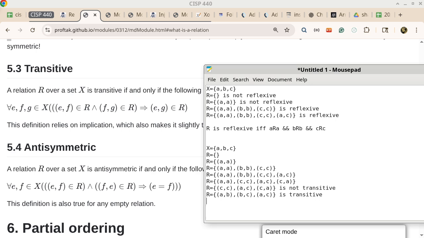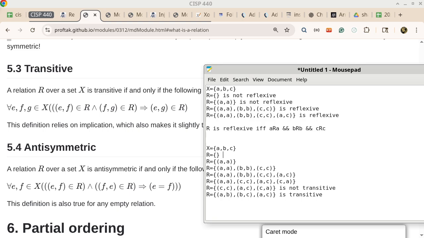All right. So anti-symmetric also has an implication in it. See, this is our implication. Now we're going to take a look at the ones that we have seen already and ask, is that anti-symmetric? In other words, when R is an empty set, is it anti-symmetric? It is automatically anti-symmetric because of the trick that we already used several times.